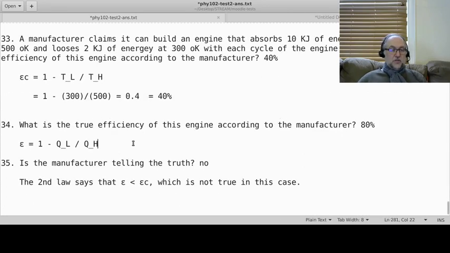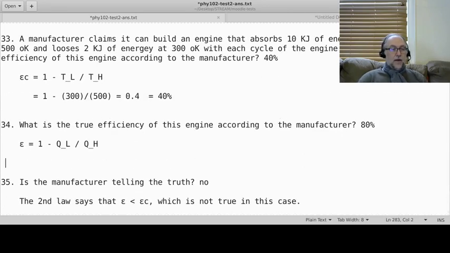Now, what's the true efficiency? Well, all right, let's do that. Now here, the true efficiency is basically 1 minus the amount of energy that's lost to the cold area, which is 2 kilojoules, divided by the amount of energy absorbed from the high, like that, okay?